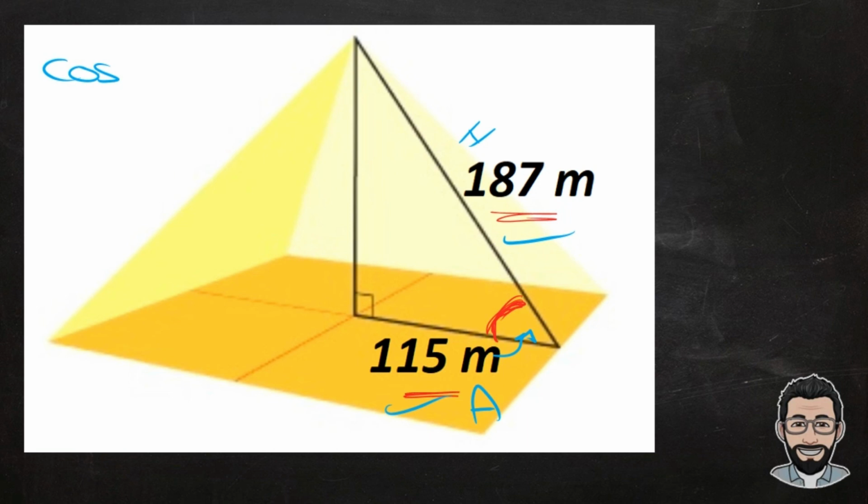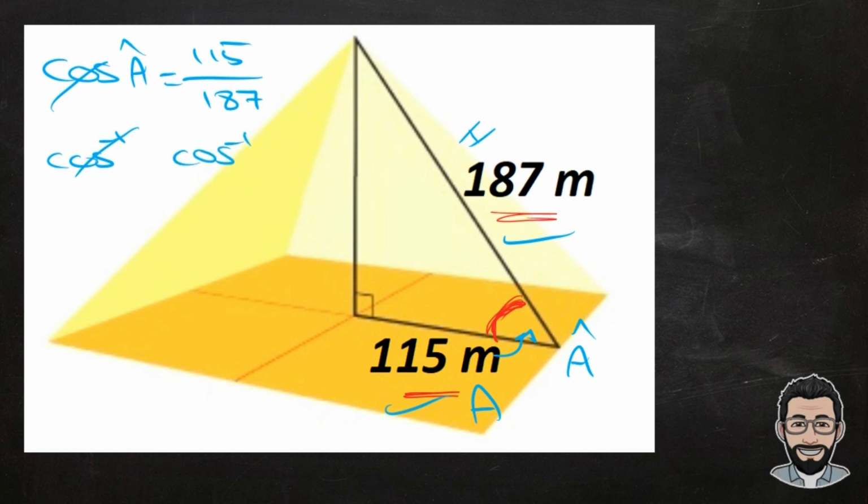For example, say here it's angle A. So cosine of angle A equals A, which is 115 over 187. So cosine -1 in both sides to cross these out together, and write it again because it's an equation. Now angle A equals cosine -1 of 115 over 187 equals 52 degrees.